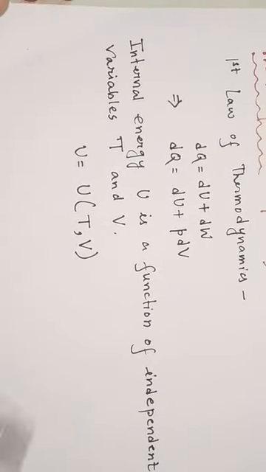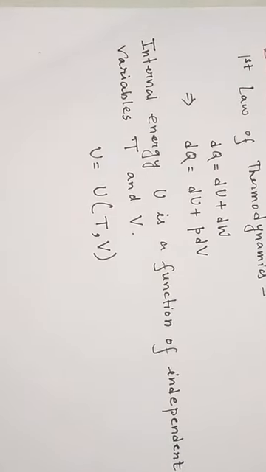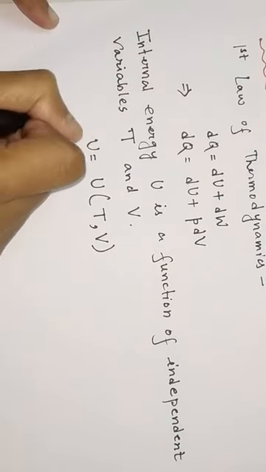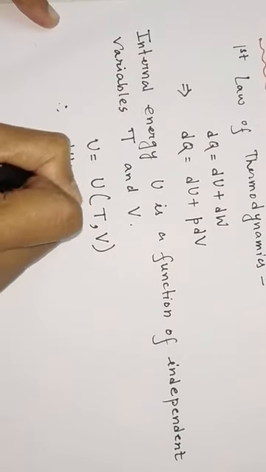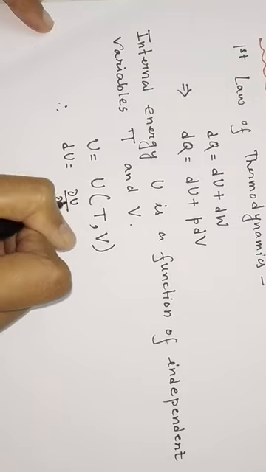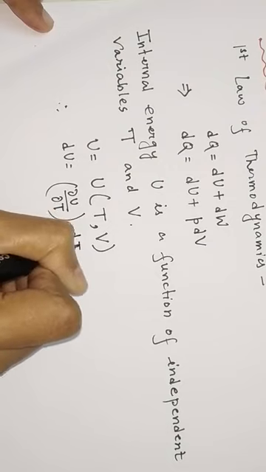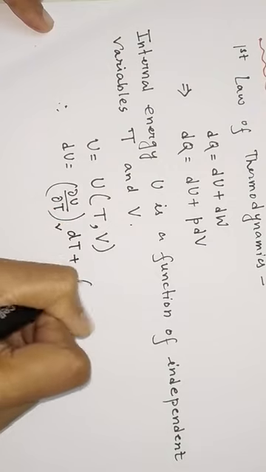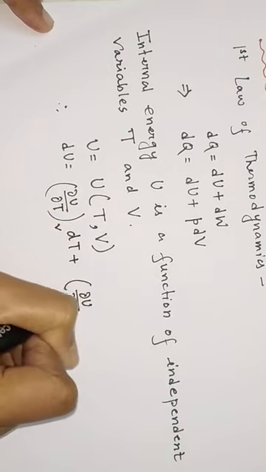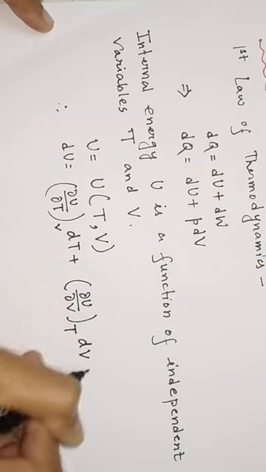So, U can be written as a function of temperature and volume. So, we can write du equals del U del T at constant V dT plus del U del V at constant T dV.